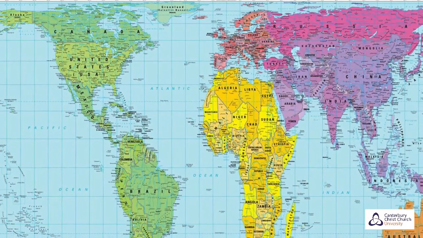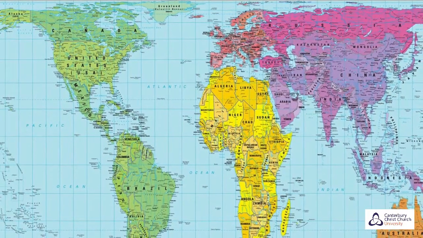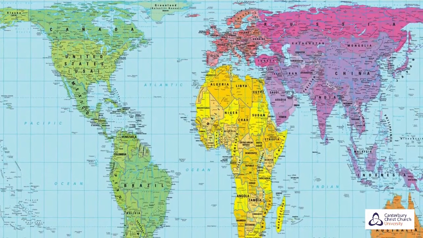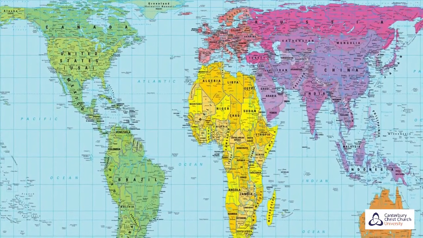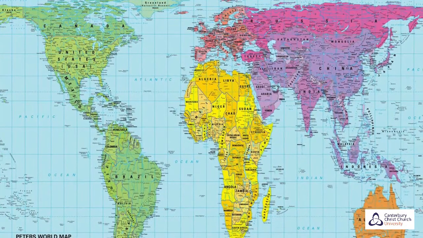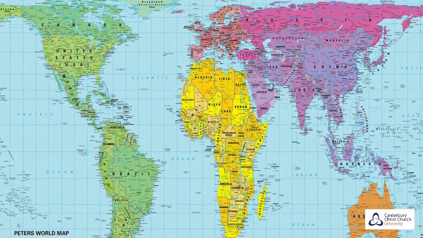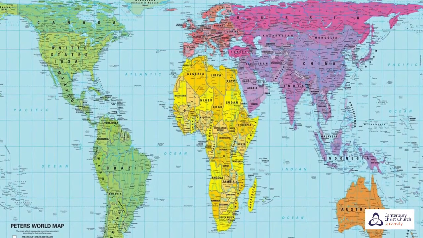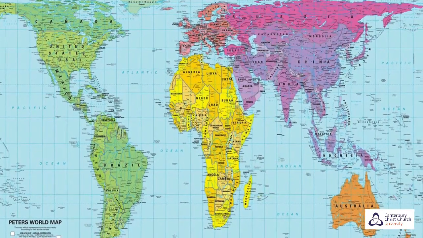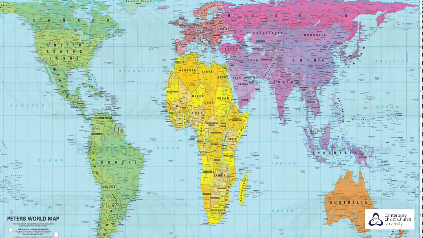By calling this the Peters projection he decided to throw the spotlight back onto the middle areas of the globe, particularly developing countries that were located around the equator. And this really aimed to redress the balance between the sizes, of course, of the different areas around the globe.